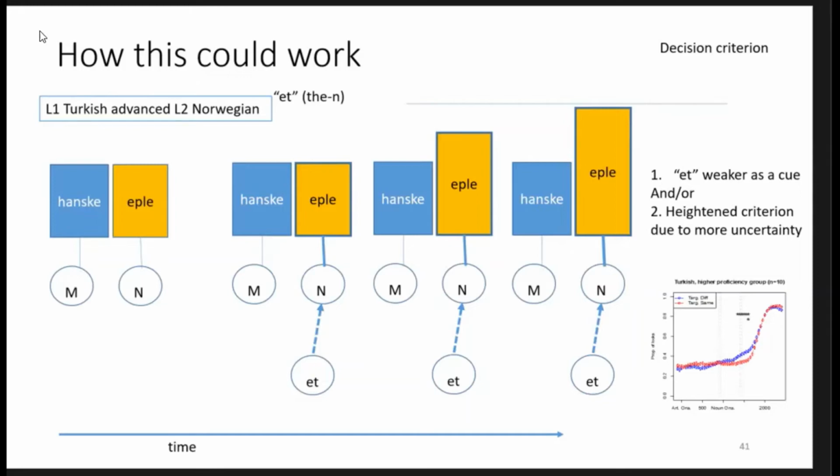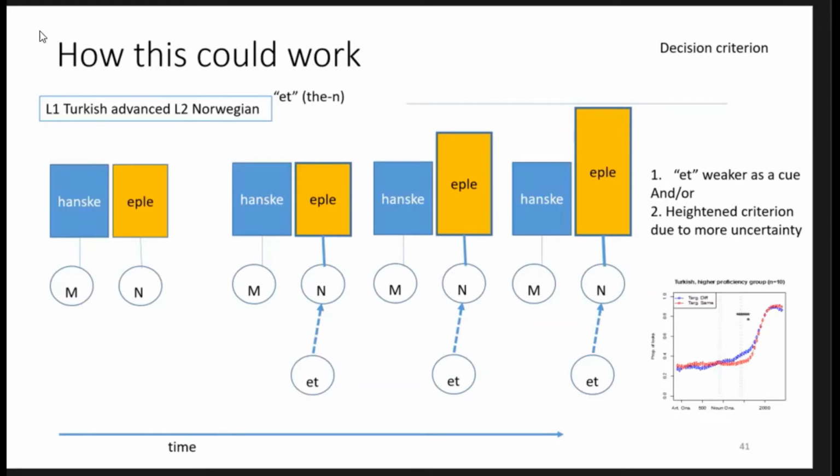But how you could model this is that their predictive relation between the determiner and the noun is not very strong because they don't have that in their L1, so they haven't yet transferred that to their L2. So if they hear et, it takes a while before Apple is more activated and reaches that criterion. So that's one way you can account for this.